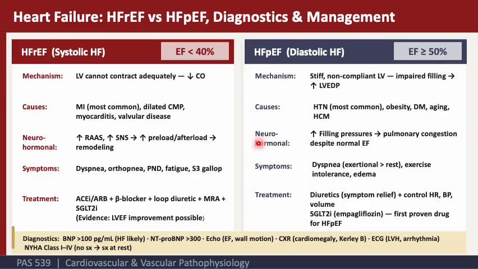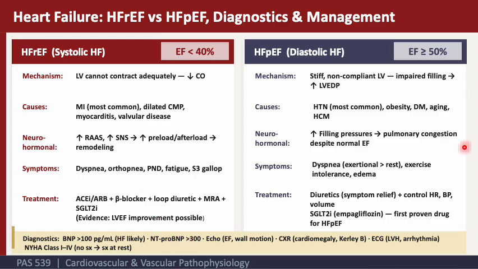The neurohormonal effect, increased filling pressures will lead to pulmonary congestion despite normal EF. Symptoms are similar. They will present with dyspnea, more so exertional than rest, whereas with systolic heart failure, they could actually have some of that dyspnea at rest.